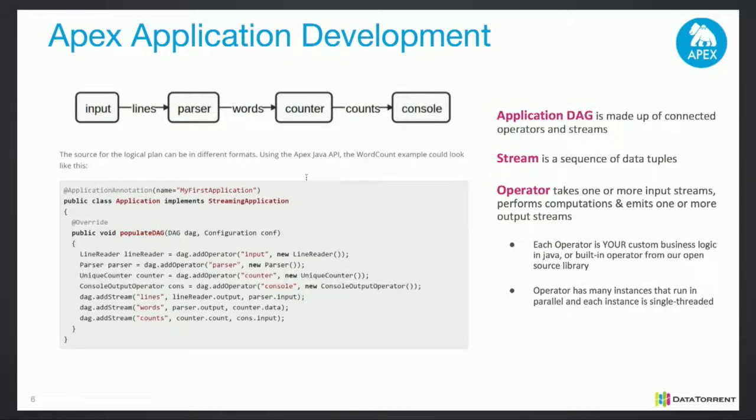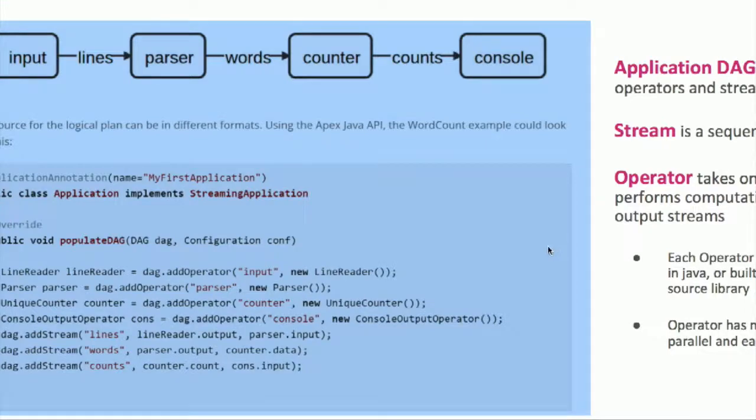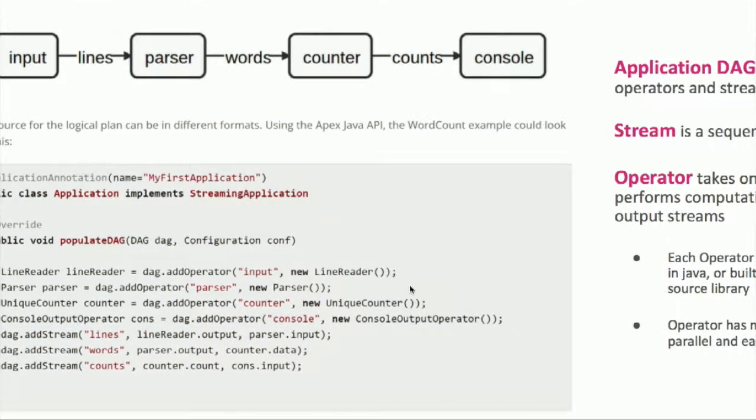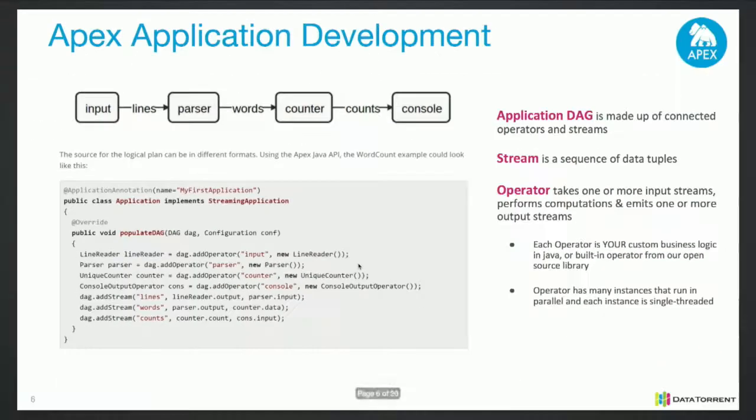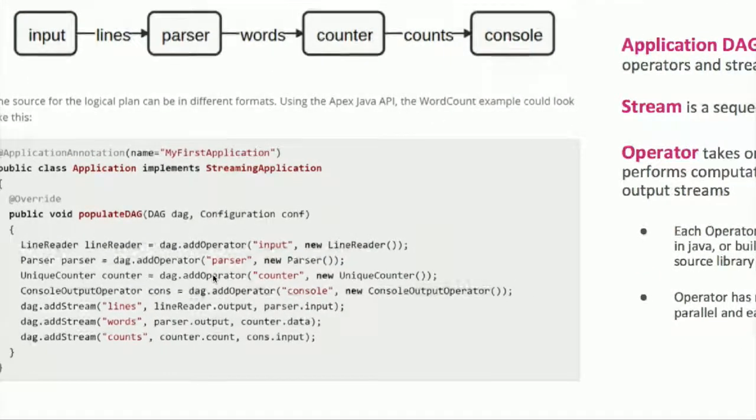And the example below might be a little bit small. I'll see if I can zoom in. This is how you can write your application. This is one of the ways, and this is the way of doing it in Java.